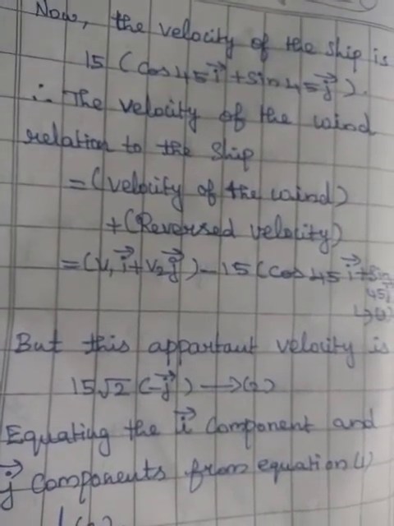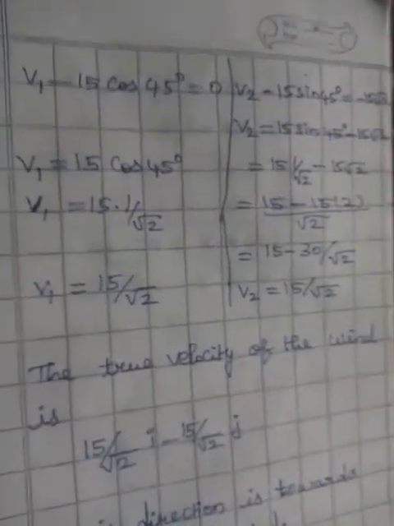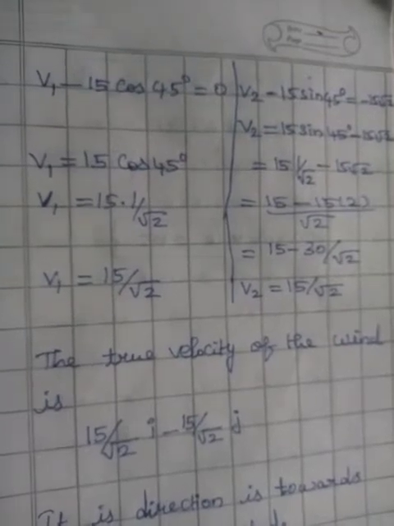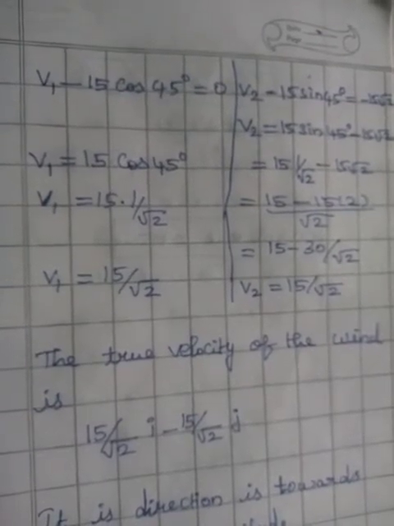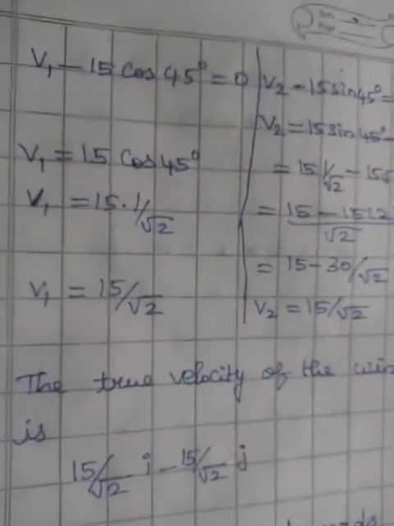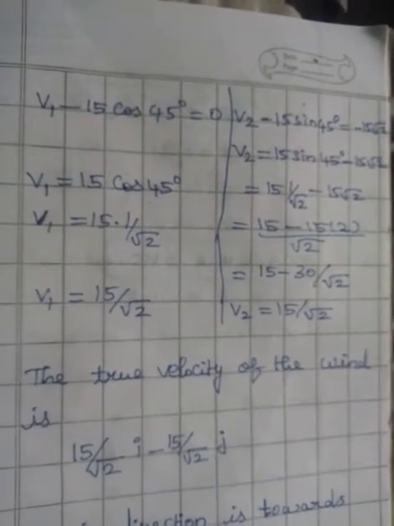Equating the i vector components and j vector components from equations 1 and 2, we get v1 minus 15 cos 45 degrees equals 0. v1 equals 15 cos 45 degrees, equals 15 into 1/root 2, since the value of cos 45 degrees is 1/root 2.